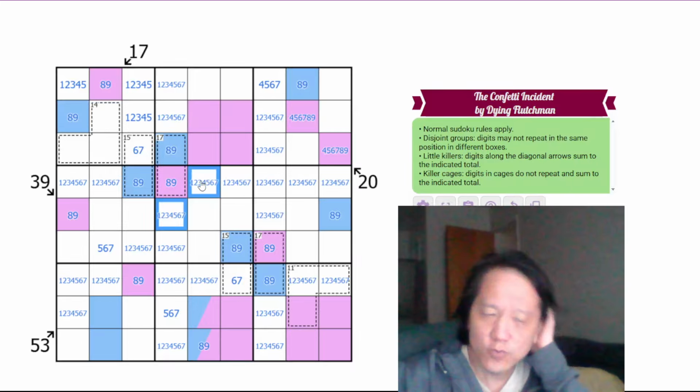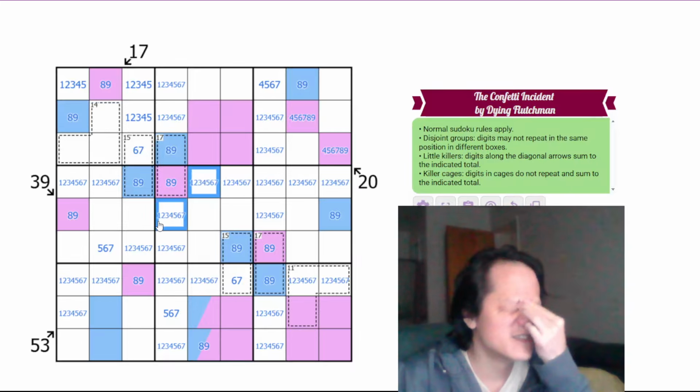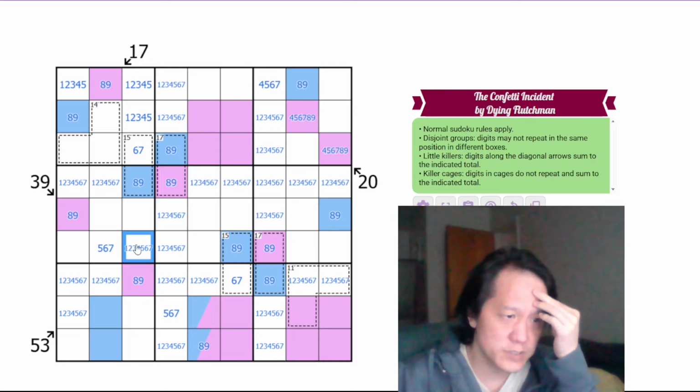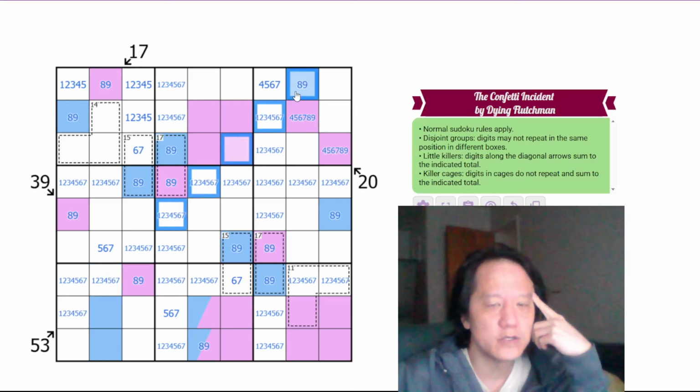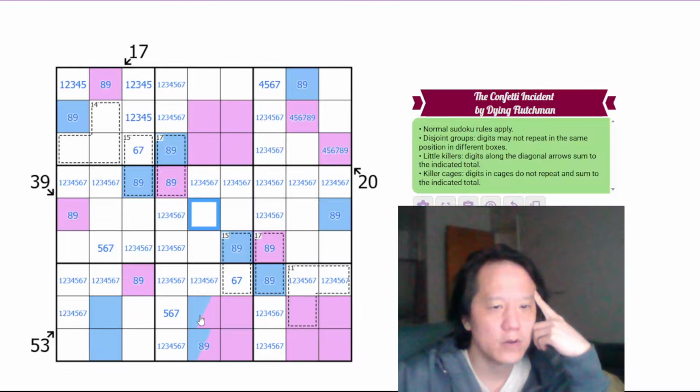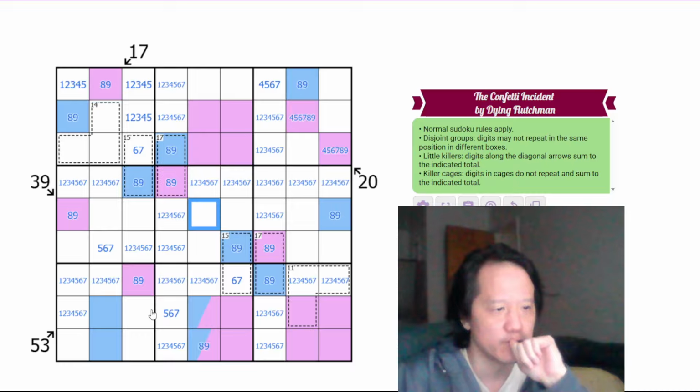So 24 plus 13 is 37. Plus 7 is 44. Plus 13 is 57. We have 4 degrees of freedom here. Interesting. Okay. 4 degrees of freedom, which means you can never have a 1 go here, right?